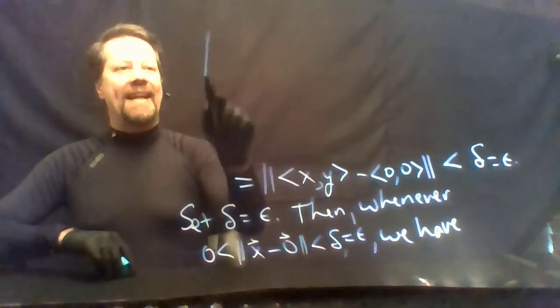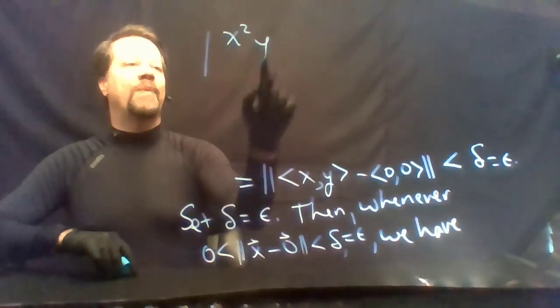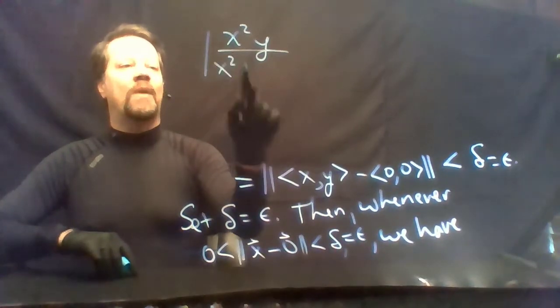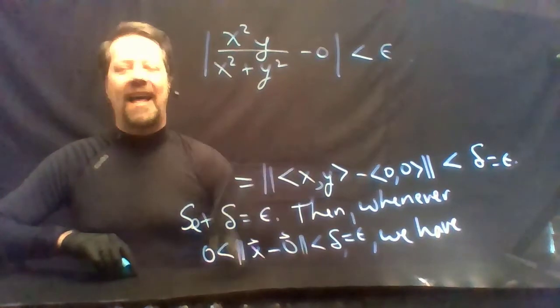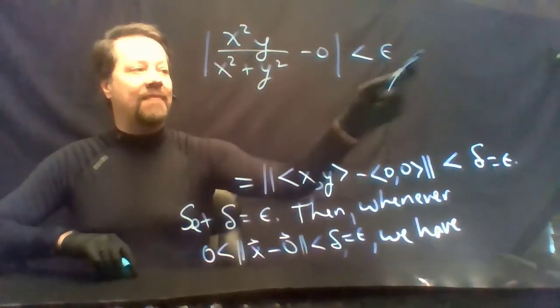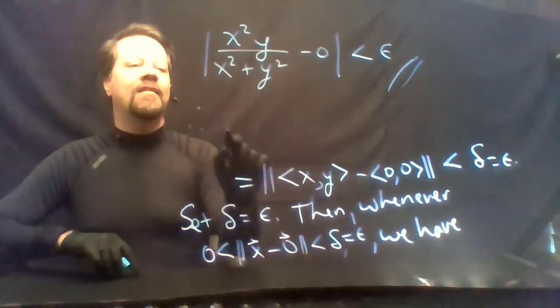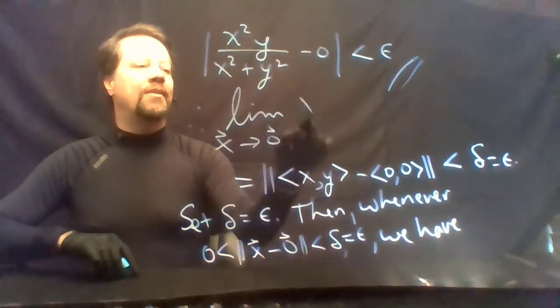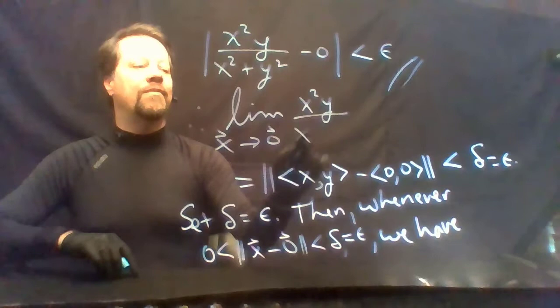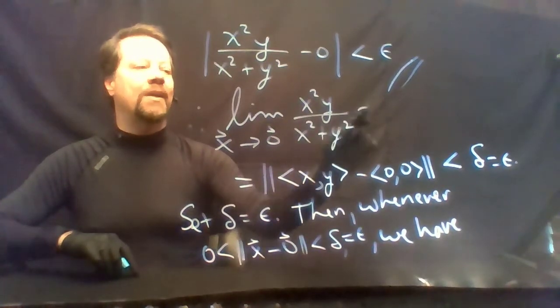We will automatically have the difference between x squared y over x squared plus y squared and 0 will be smaller than that epsilon. And that proves that the limit as x goes to 0 of x squared y over the quantity x squared plus y squared is in fact 0.